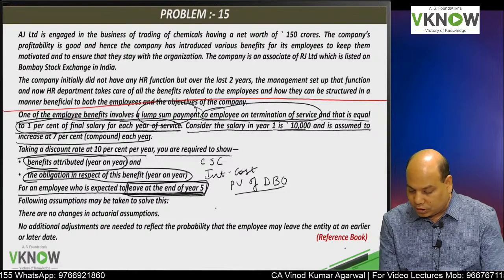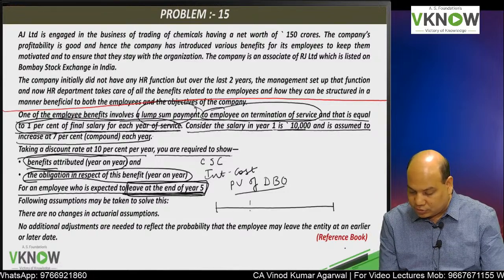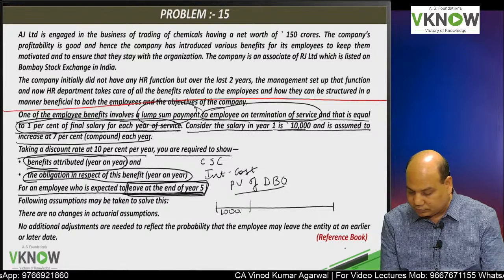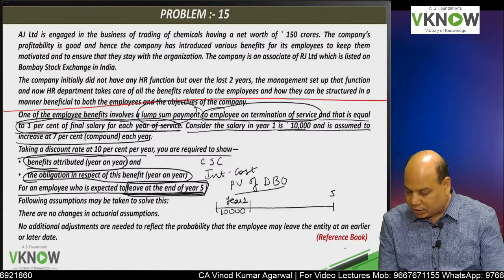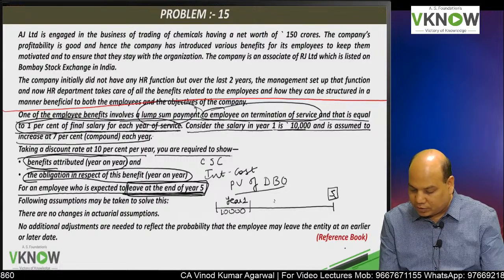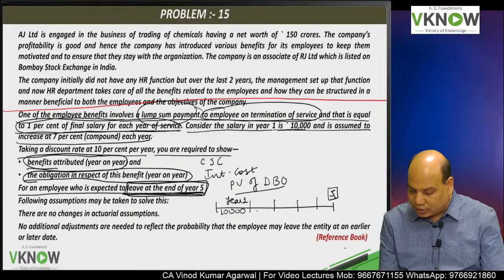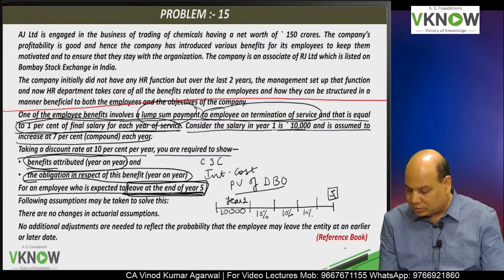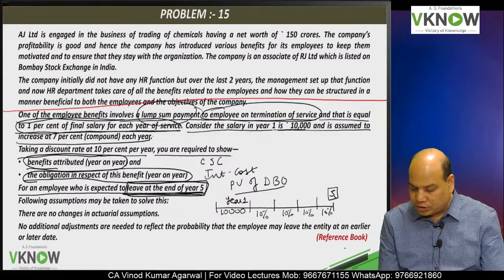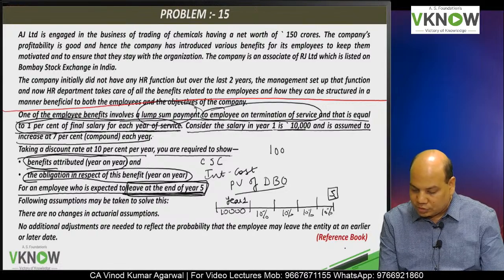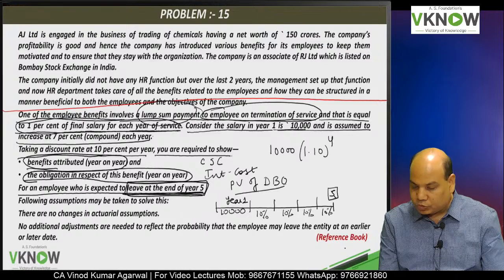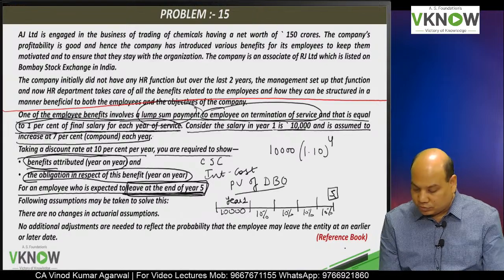So we have paid him 10,000 rupees in the first year. This is year 1. He will retire or leave at the end of year 5. So the salary will appreciate by 10% for 4 years. So his last drawn salary will be 10,000 into 1.10 to the power 4.